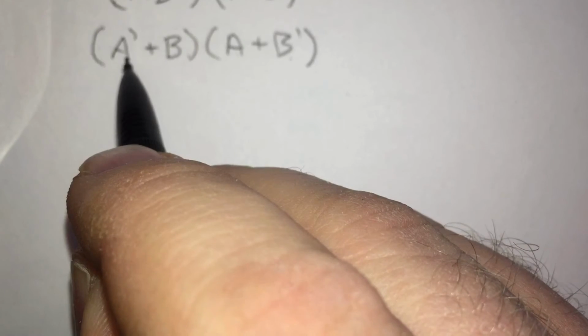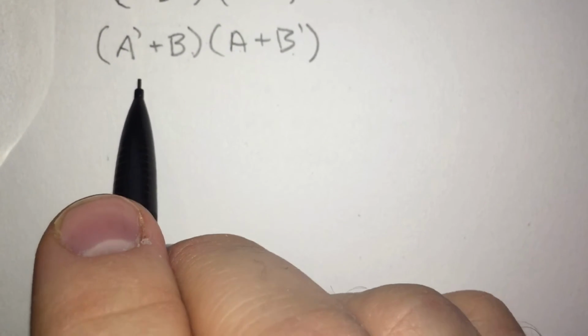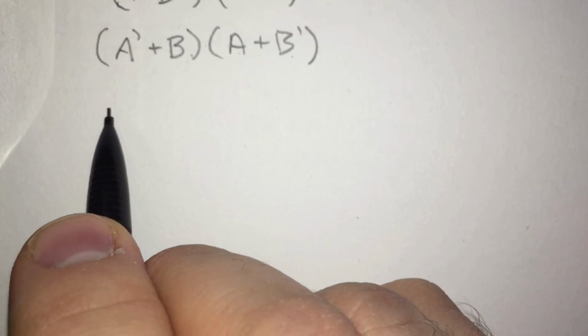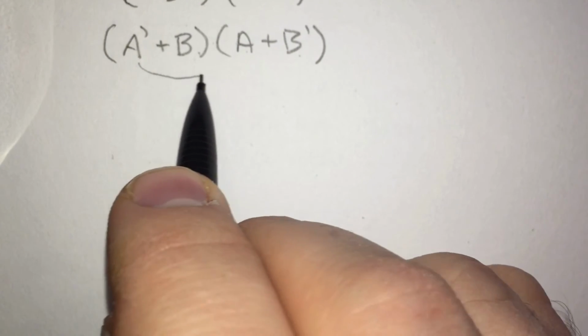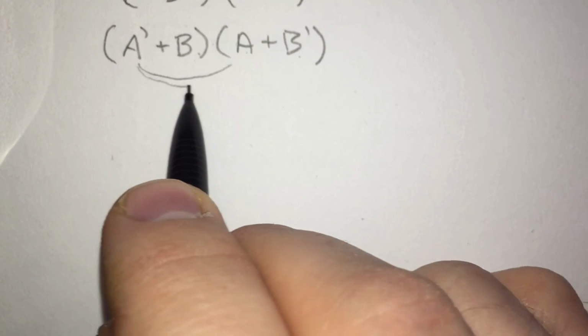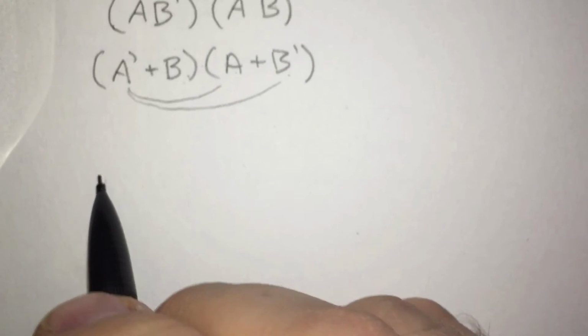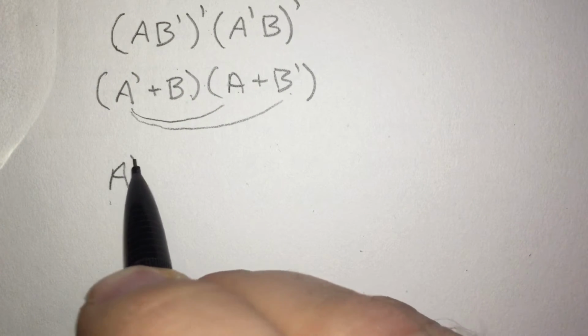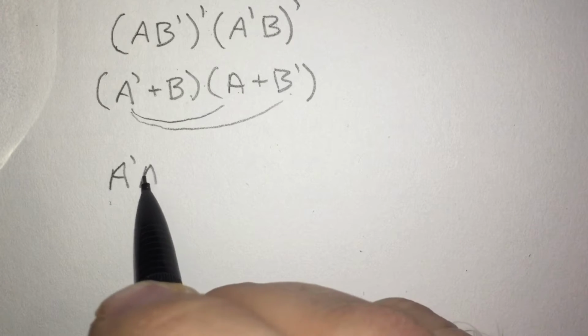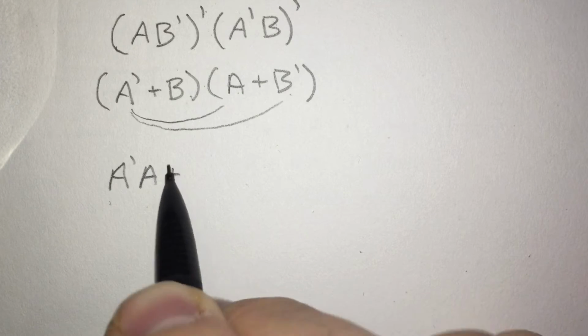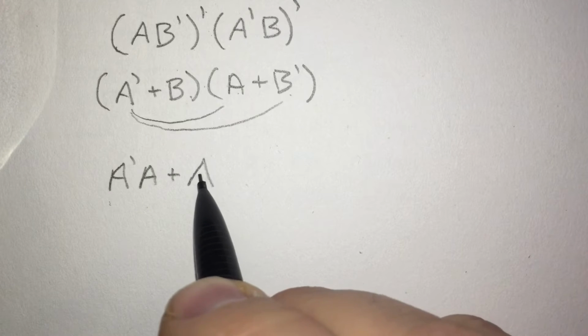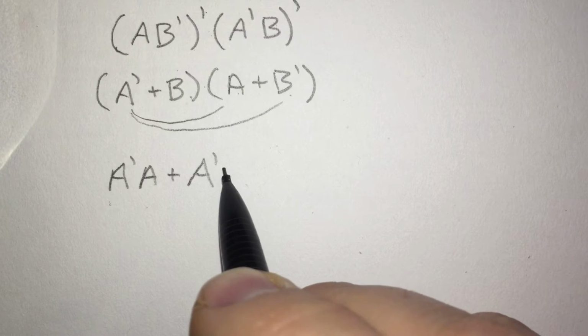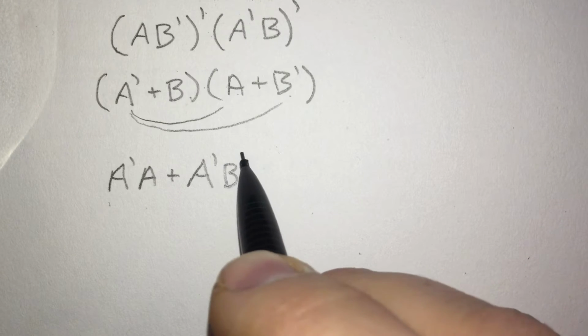So if we FOIL this, we get A not and A, or A not and B not.